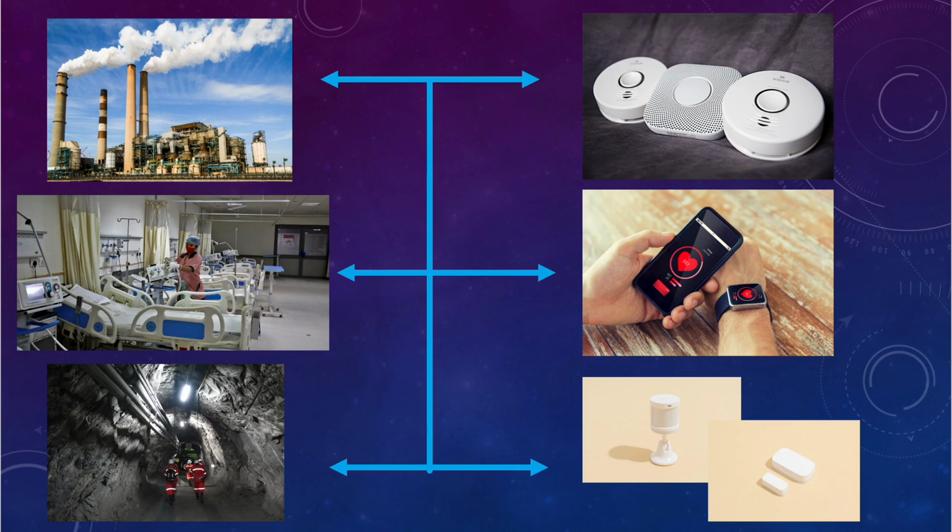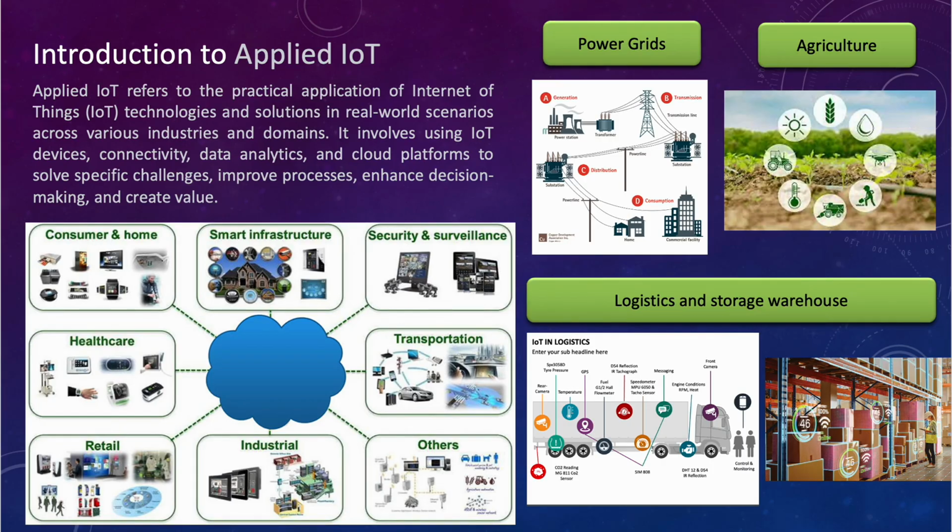Then we looked at an example where a set of IoT devices mix and match between a set of industries and domains. After understanding IoT and its applications, we looked at the introduction to applied IoT. Applied IoT refers to the practical application of Internet of Things technologies and solutions in real world scenarios across various industries and domains, right?